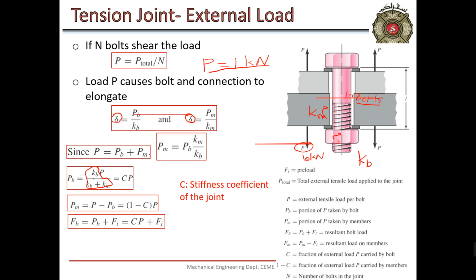If this value is 0.2, let's say C is equal to 0.2, it means that out of this external load of 1 kilonewton, only 20%, which is equal to 200 Newton, will be PB, and the remaining 800 Newton will be PM.